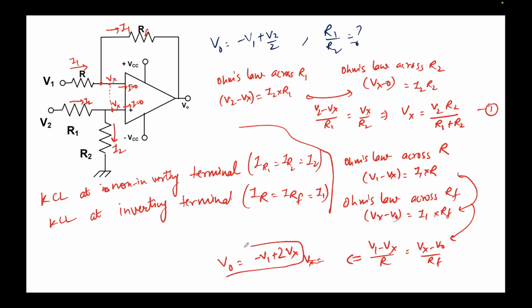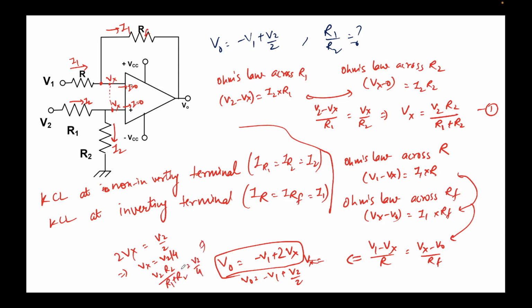Now compare this with the expression given. The expression given is V0 equal to minus V1 plus V2 by 2. Comparing these two expressions, I get 2Vx equal to V2 by 2. This implies Vx equal to V2 by 4. But we already know the value of Vx from expression 1, so I'll put that here. I get V2 R2 upon R1 plus R2 equal to V2 over 4.